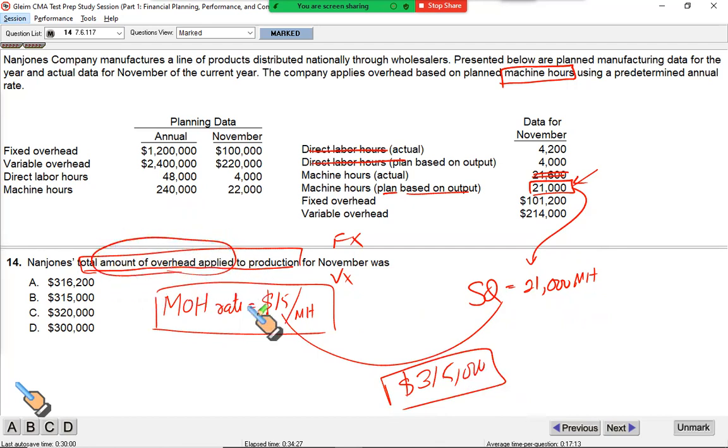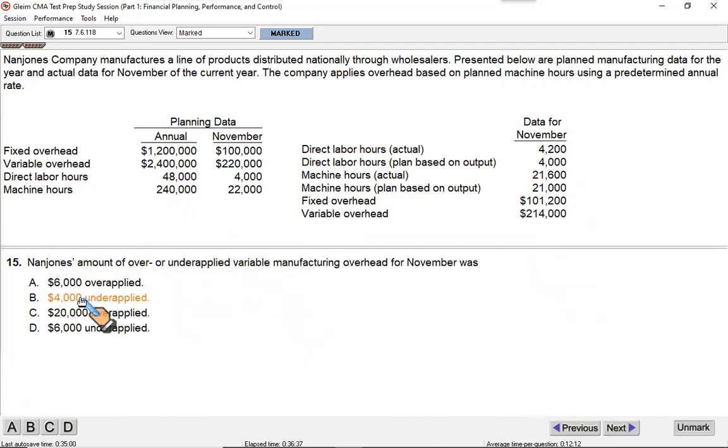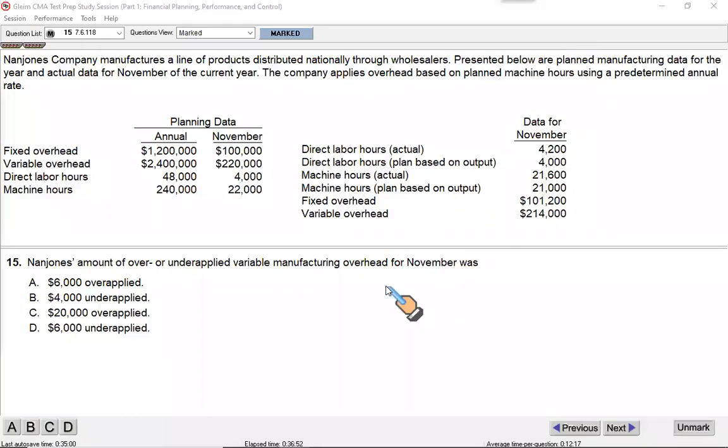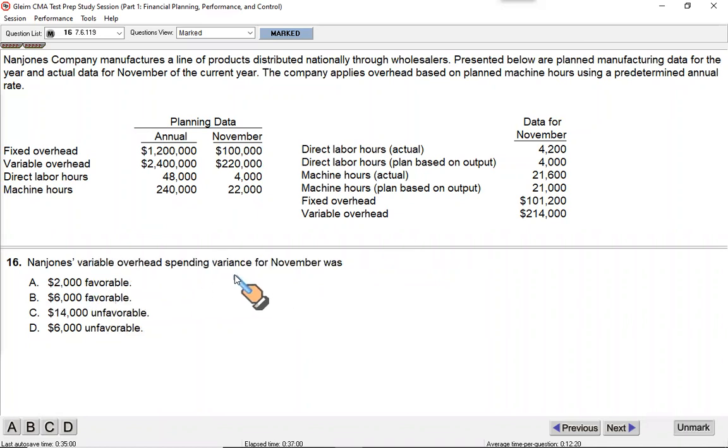Total overhead, because he makes no distinction between the variable and the fixed part. Right? So that makes B to be the correct option. We haven't yet learned how to apply the formula right here. Okay, we'll come back to this question, because we need to learn the individual components. Under and over applied, I will tell you after we are done with this.